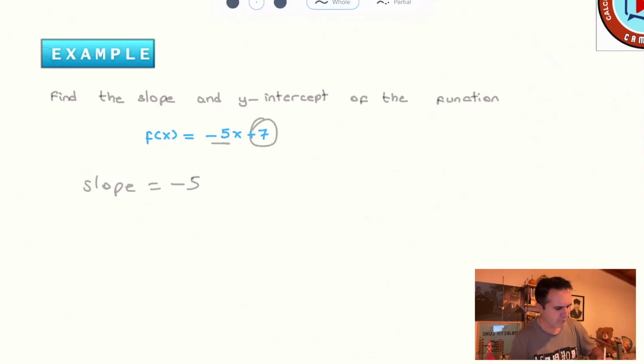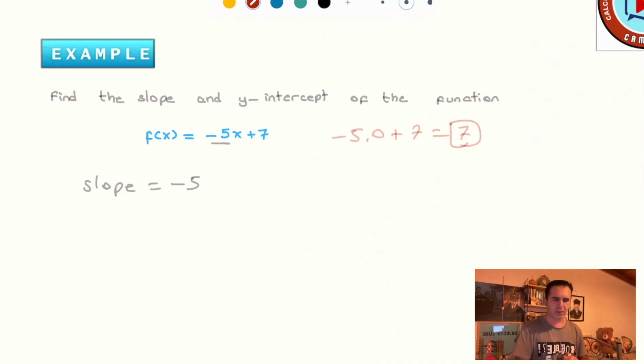We can also find the y-intercept by putting x equals 0: minus 5 times 0 plus 7 equals 7. And this is our y-intercept. The y-intercept equals 7, and the graph crosses the y-axis at 0, 7.